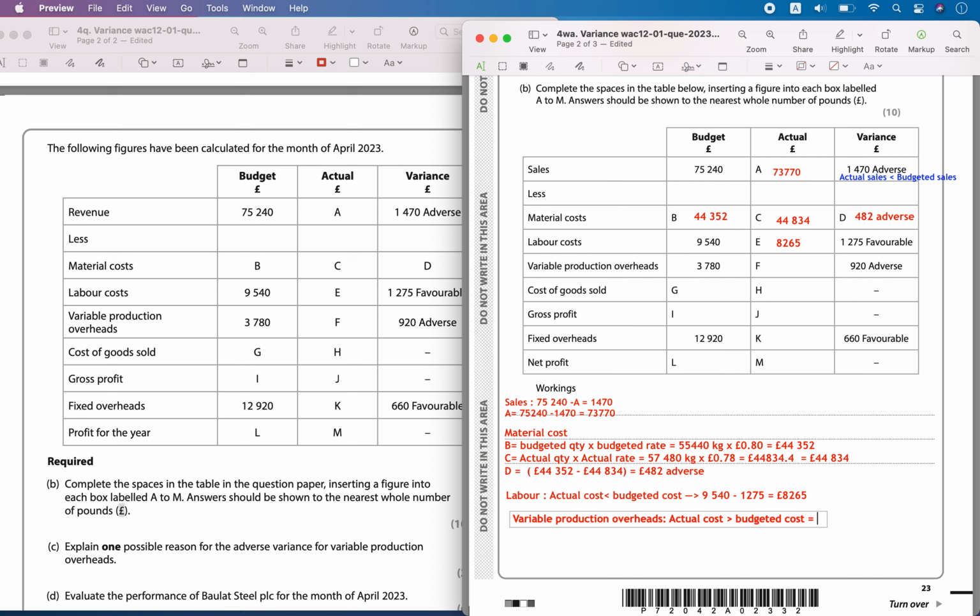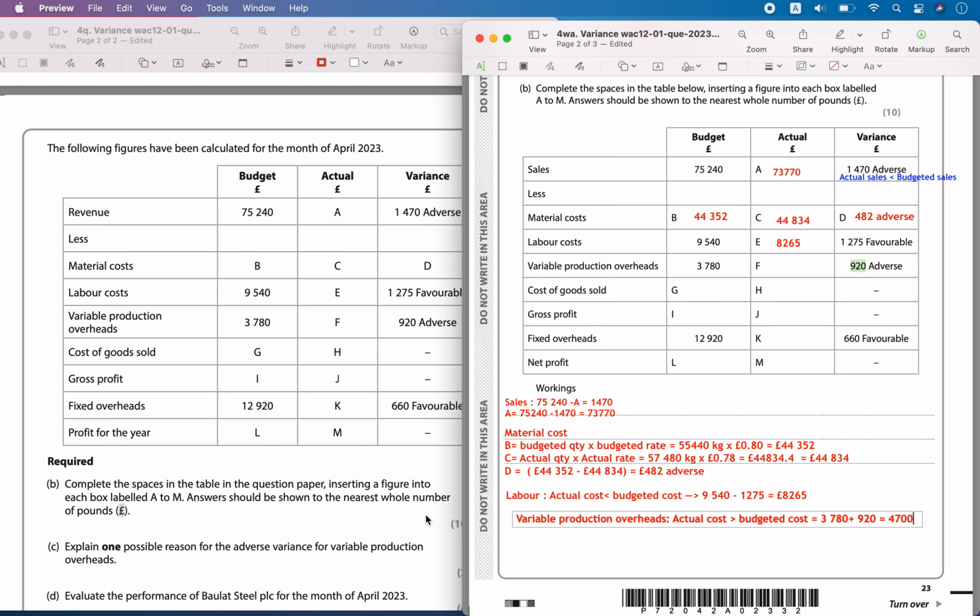So whatever is my budgeted cost, it must have increased by an amount. It has increased by this amount 290. That's why it is adverse.